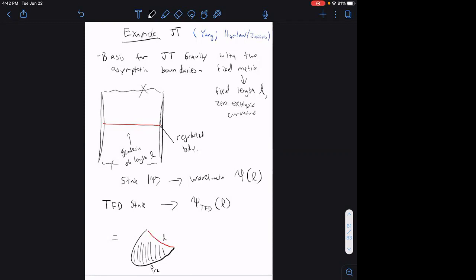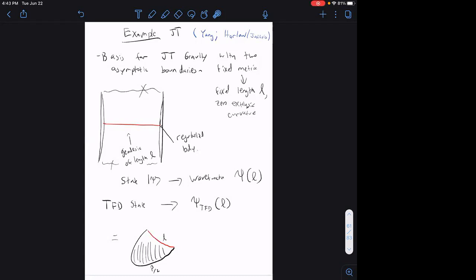So the states of fixed metric, it's the metric on a line. The only diffeomorphism invariant property of that is just the overall length. So we can think of a basis of states in JT gravity as just the states with a spatial slice of length L, and the spatial slice has zero extrinsic curvature.